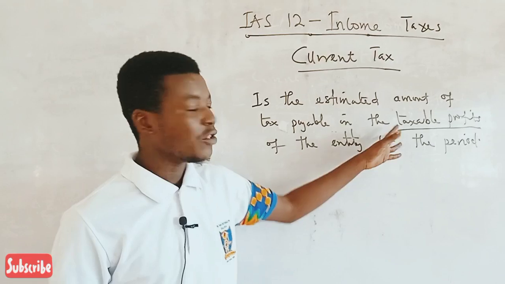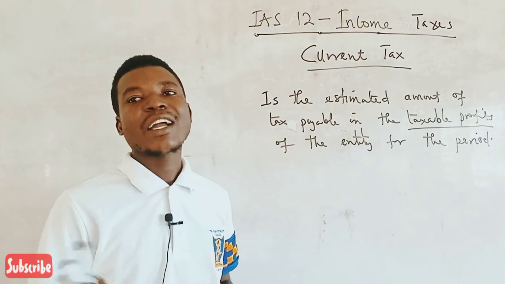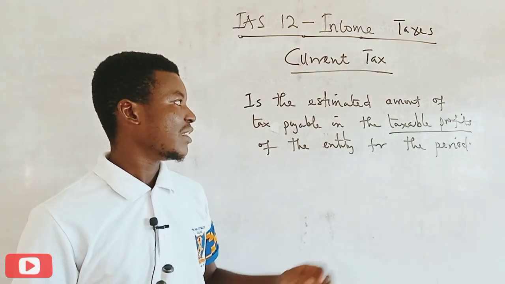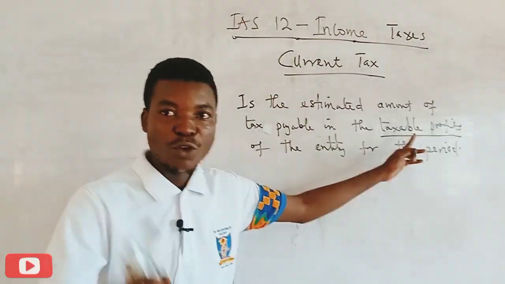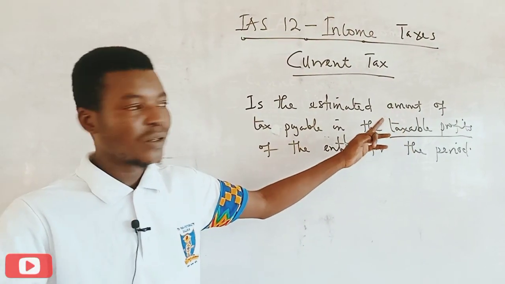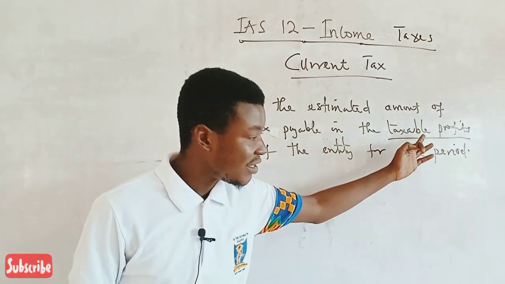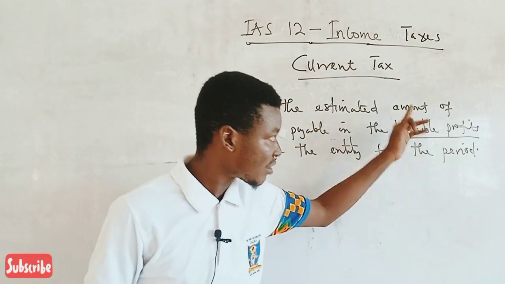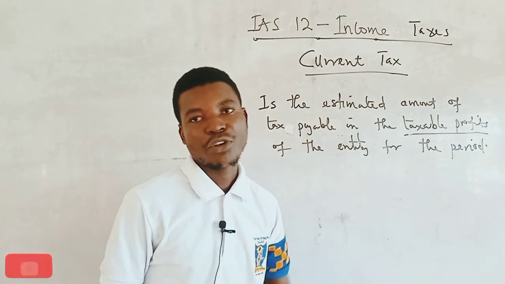And this calculation is always done in the next accounting period. What does that mean? It means that the taxable profit of the entity will not be known by the entity until the financial statement of the entity is submitted to the tax authority for the computation of the taxable profits.